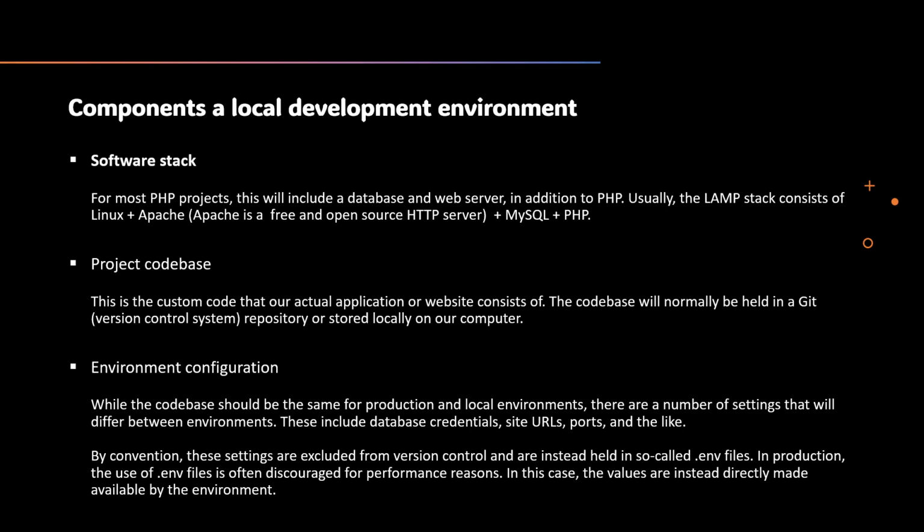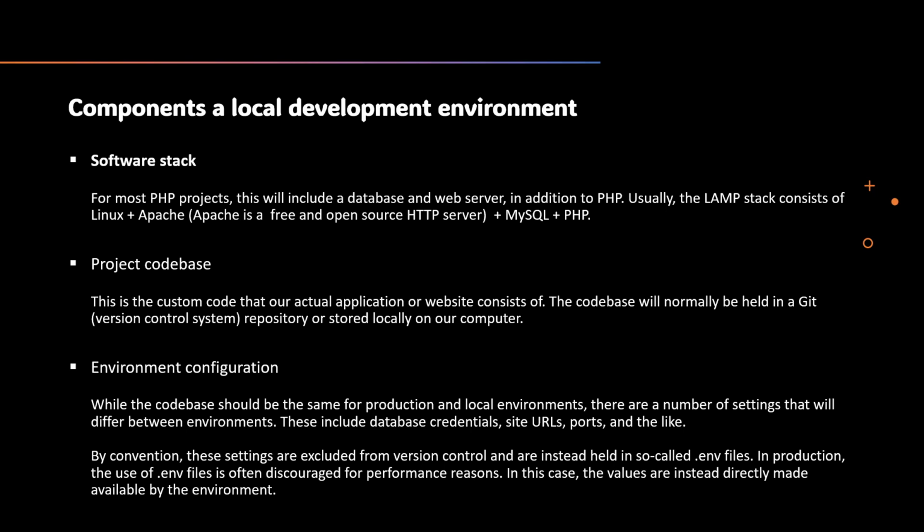Usually it's referred to by an acronym, LAMP, L-A-M-P, and it stands for Linux, Apache, MySQL, and PHP stack. Like I said, Apache is a free open source HTTP server, and so we have MySQL, we have PHP, and we have Linux, which I explained a few seconds ago.